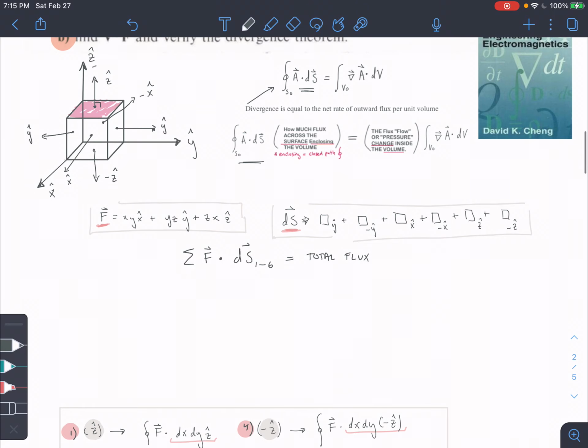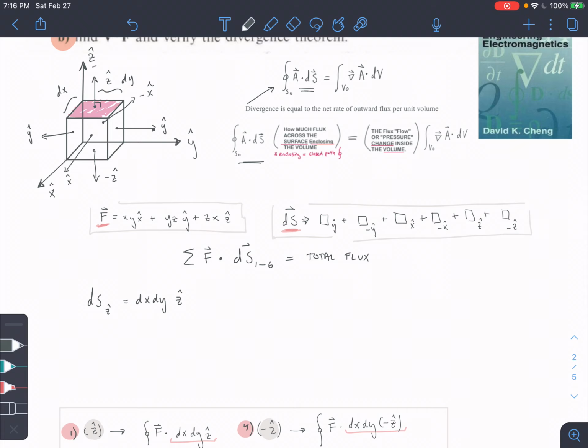Okay, so let's look at how we would do the ds for positive z first. ds for positive z is going to be equal to, okay, we're doing this side here, so this side would be dx, the change in x, because we notice this is our x direction. So we have dx for one side, because it's a differential surface, and then we have dy on this side. So dx dy in the z hat direction.